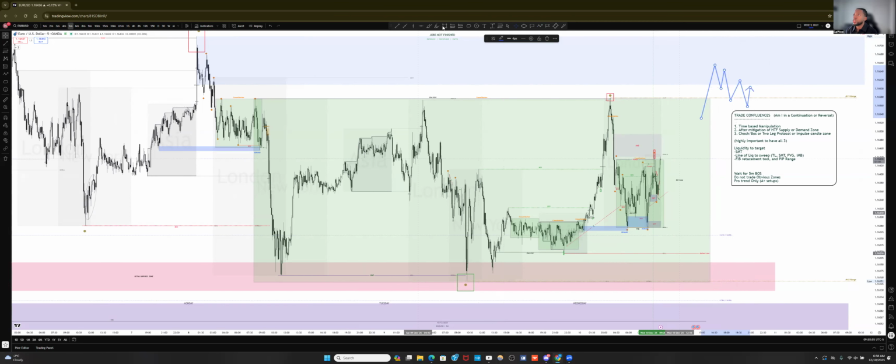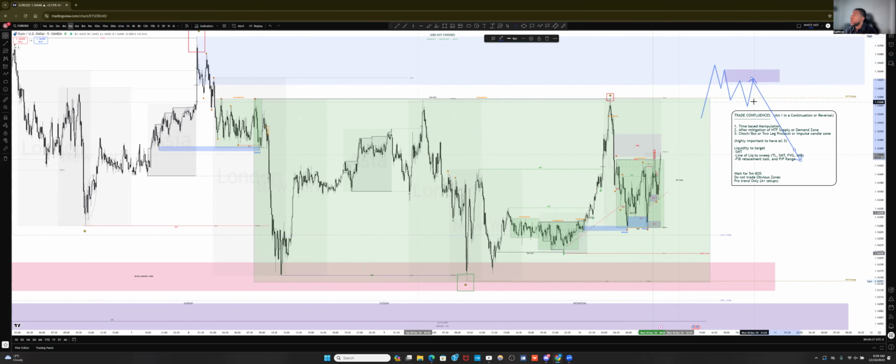You enter your position from here or from here, because price can easily come and induce this high, mitigate here before selling down and continuing the move. This is what we would want to see. Something in that nature, right?